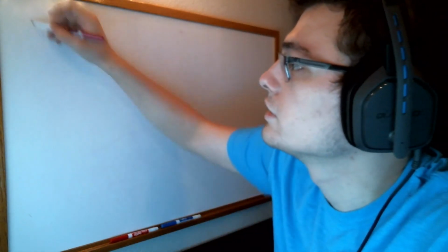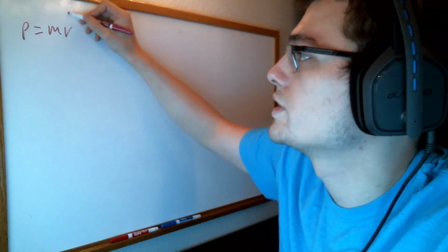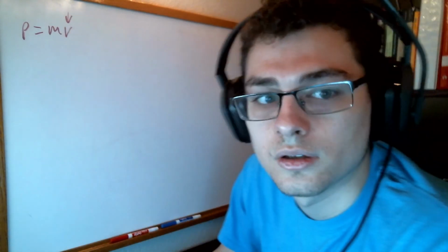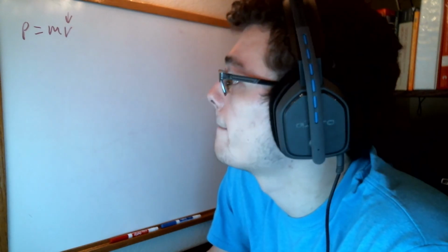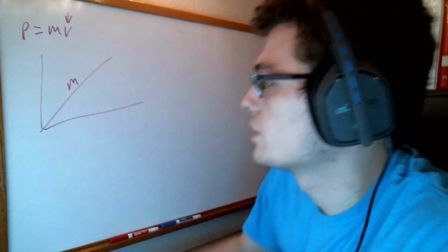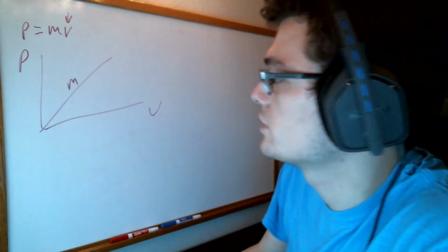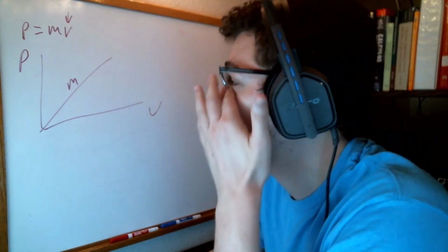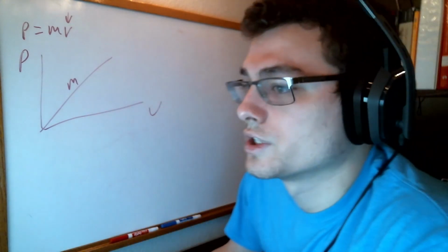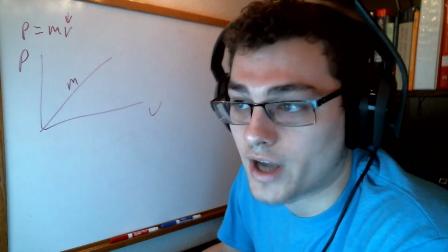Momentum is defined by mv, so this is a linear relationship between p and v, with m being the slope. So you can plot momentum as a function of velocity. And so since this is a direct relationship, if you increase the object's speed by a factor of 3, then the momentum is also going to be increased by a factor of 3.